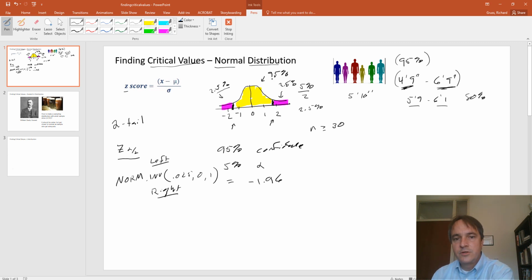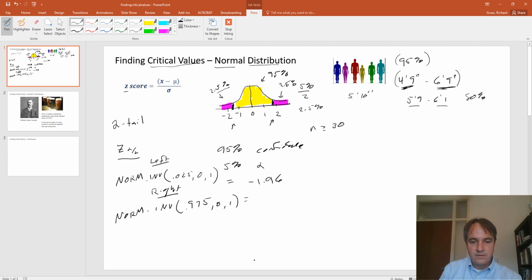So it's going to include this 95%, and it's also going to include this 2.5% here. We're going to go from negative infinity all the way up to this point, which will include this 95% and this 2.5%. So when we put it into Excel, we need to do NORM.INV 0.975 and then the same parameters.